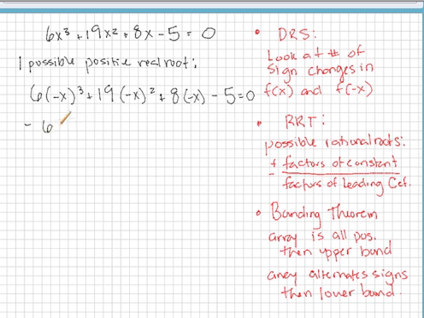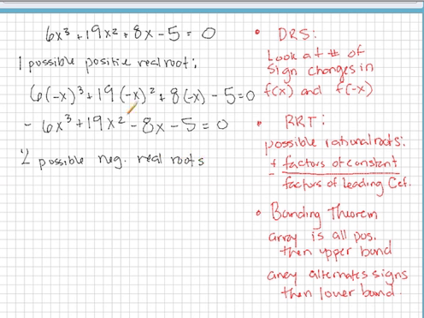So I get negative x cubed plus 19x squared, that negative will go away there, minus 8x minus 5 is equal to 0. Let's take a look at this one. We got negative to positive, so there's 1, 2. So there are two possible negative real roots. So that's what we're looking for.